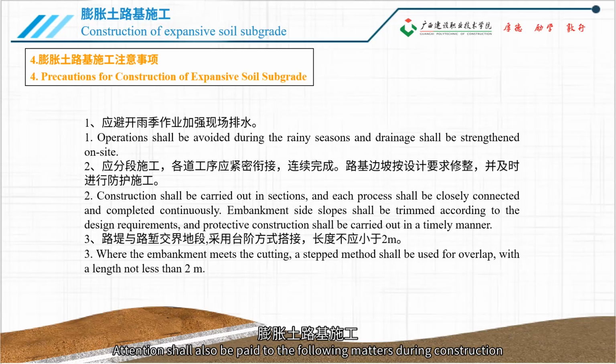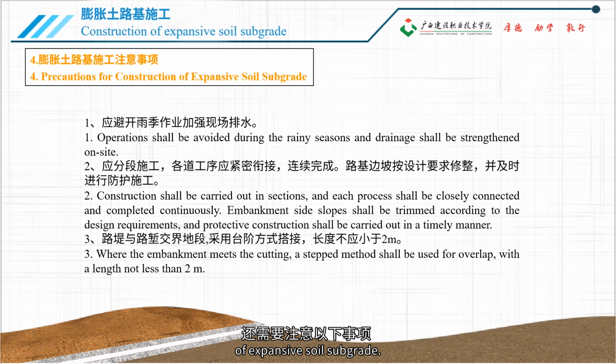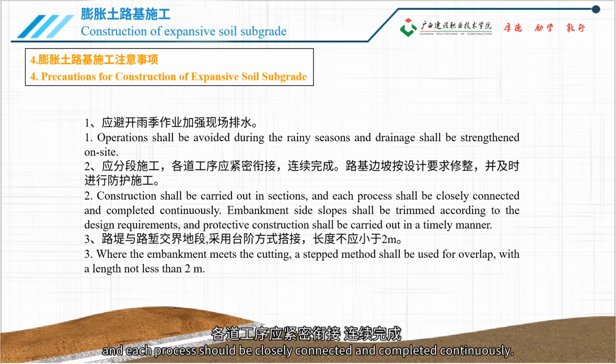Attention shall also be paid to the following matters during construction of expansive soil subgrade. 1. Operations should be avoided during the rainy seasons and drainage should be strengthened on-site. 2. Construction should be carried out in sections, and each process should be closely connected and completed continuously.